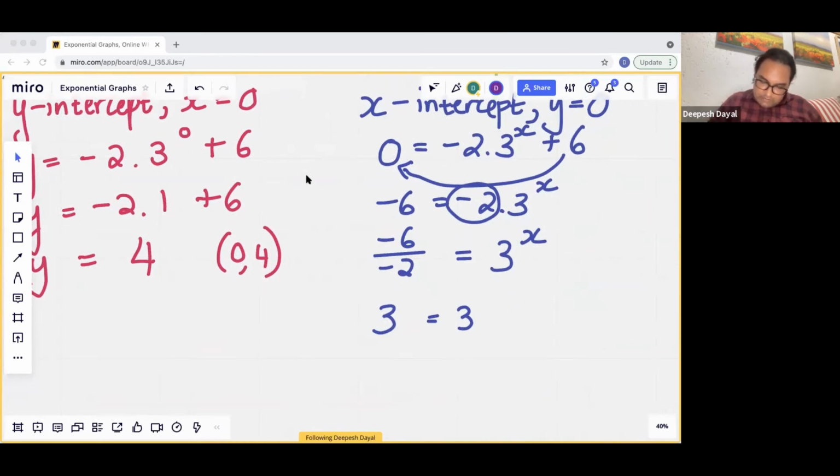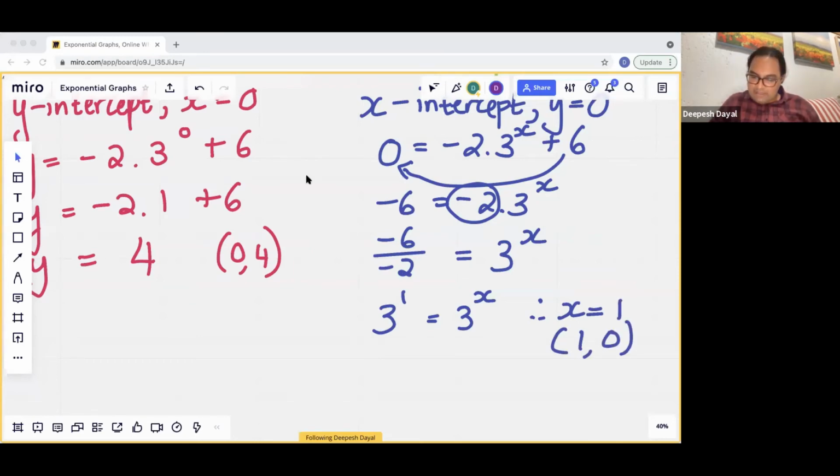Okay. 3 to the x equals 3. So what will x equal to? Anybody have an answer for me? If 3 equals 3 to the x, what will x equal to? Yes. Excellent. So x equals 1. And it is 1 and 0. Okay.